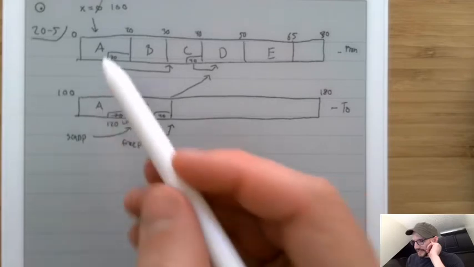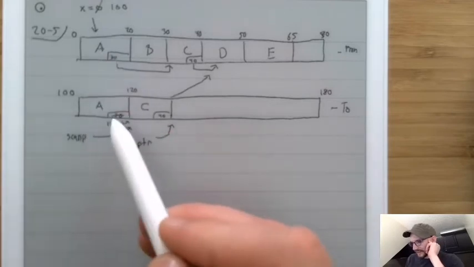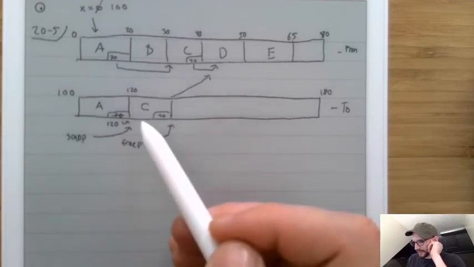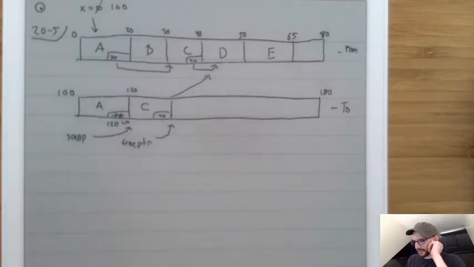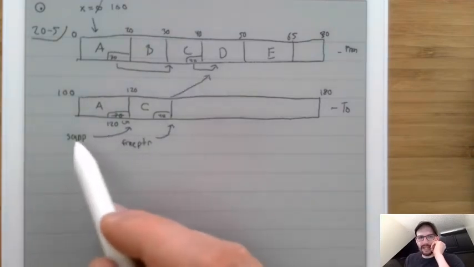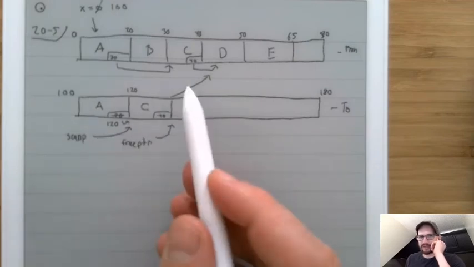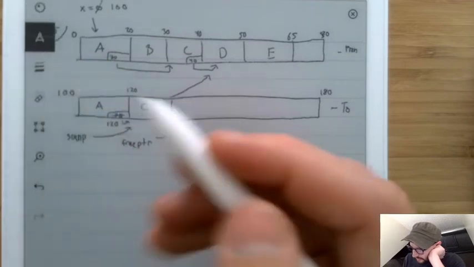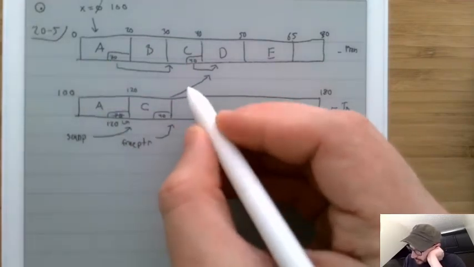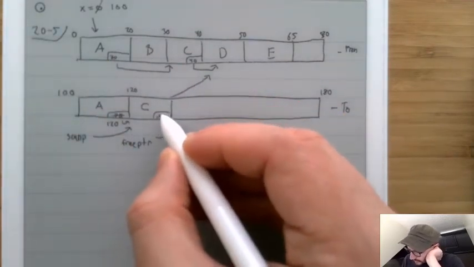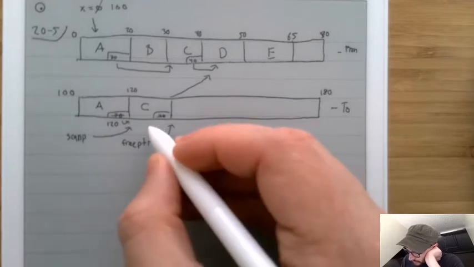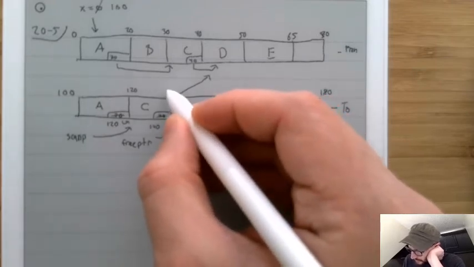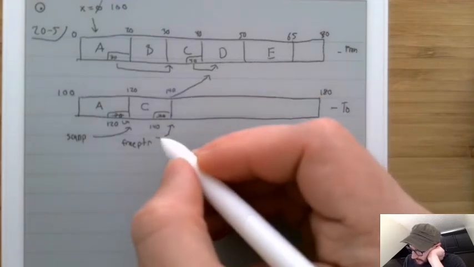So what I've done is I've copied A over, then I looked at what A pointed to, and then I copied C over, but I haven't looked at what it points to yet. Now I'm going to look at the next thing that the scan pointer points to, and I see, aha, that's D. So what I'm going to do, make sure I got this right, is set this 40 equal to 140, which is what the free pointer is currently at.